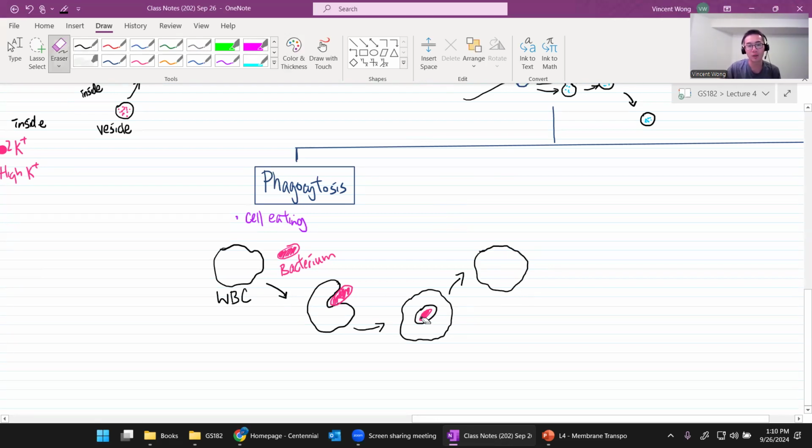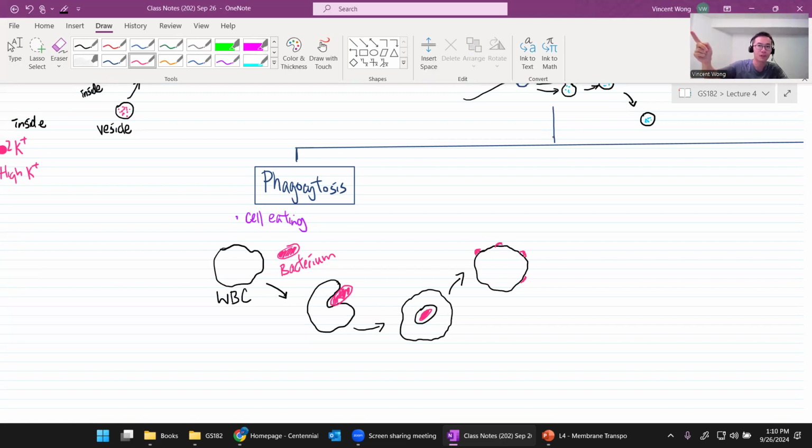After the white cell breaks down the bacteria, it actually puts bits and pieces of the bacteria on its surface. This is for real, I'm not making this up. They show it to other white cells. They're really proud of their achievement. They're like, hey, I just killed this bacterium, look, it looks like this, like a painting.